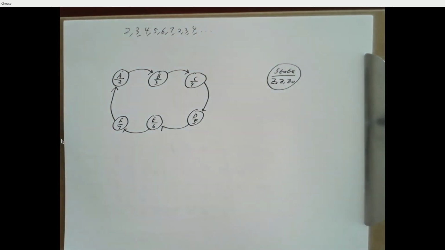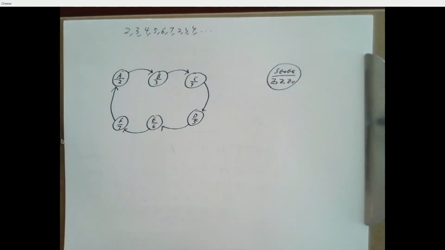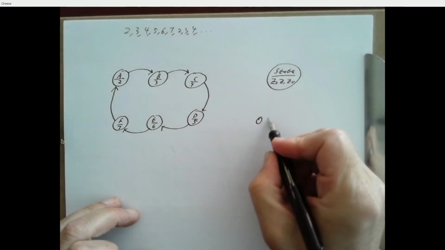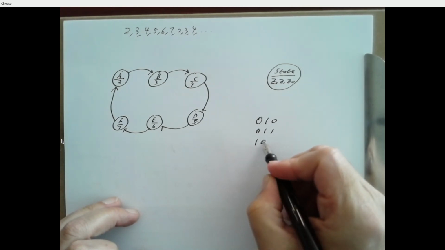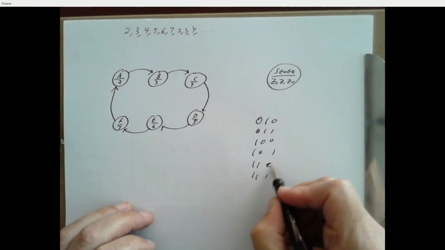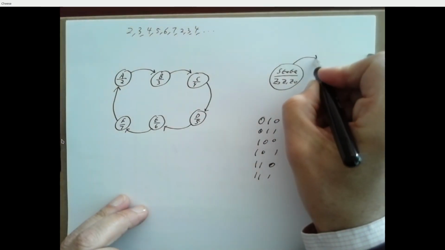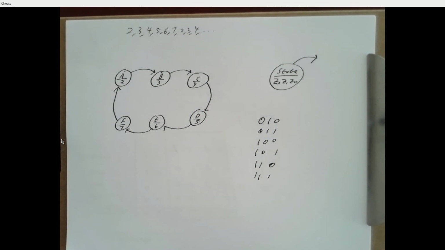Probably 3, because we have 6 different values we have to output. So that's at least 3 bits, and if we just output the numbers 2 through 7, 0, 1, 0 through 1, 1, 1, so 3 bits will work. And there's no input, so we just show what state we transition to next.